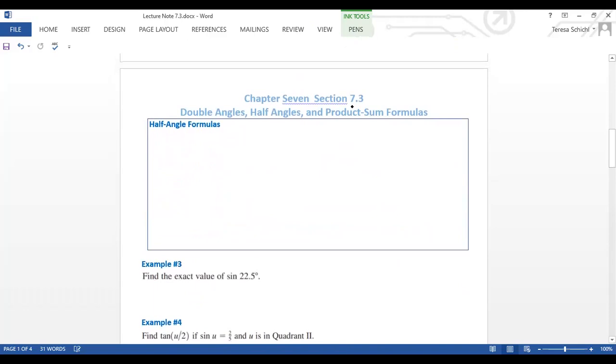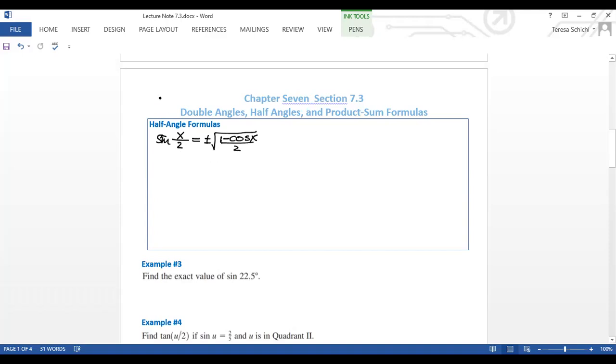Now we talk about the half angles. So let me try to write here: sine of x over 2. Right now I have the half angle. This will be equal to plus or minus the square root of 1 minus cosine x over 2.